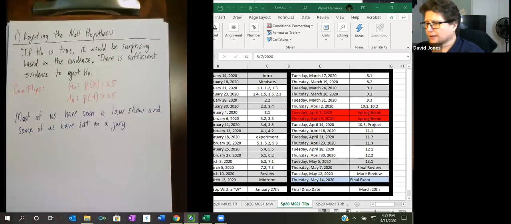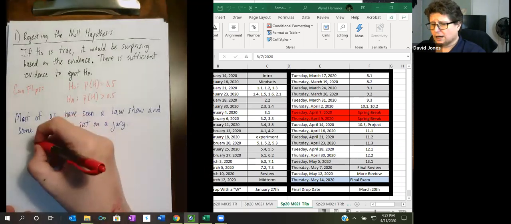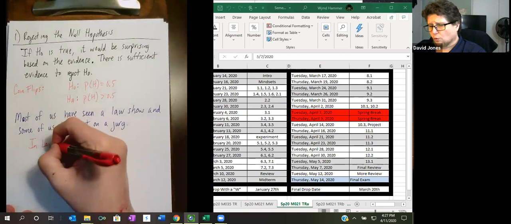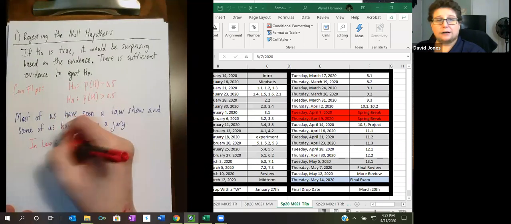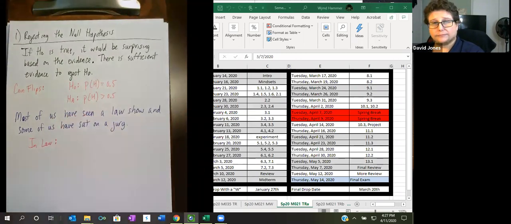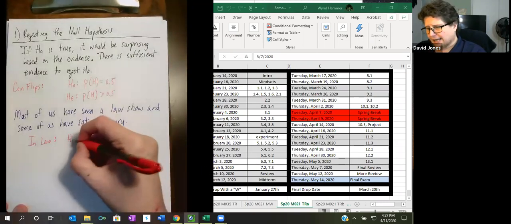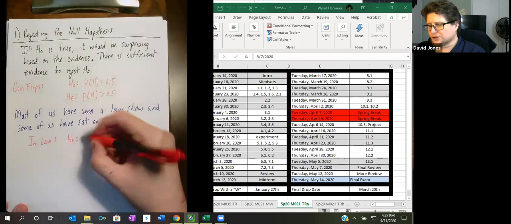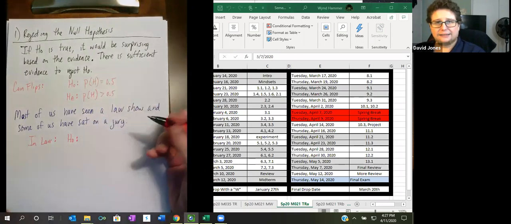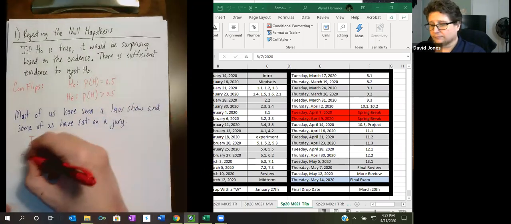What's the null hypothesis in a court of law? In law, what is the assumed outcome? H naught, we always assume it's innocent until proven guilty.